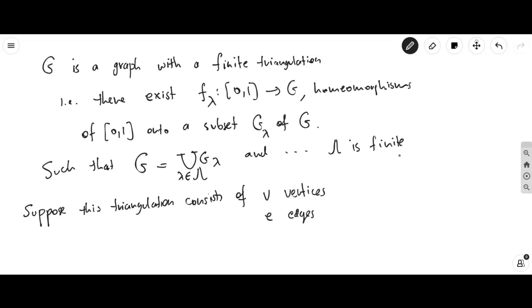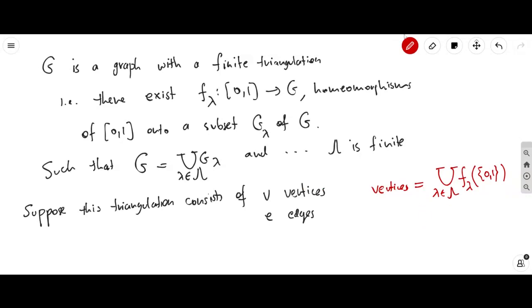Let's quickly remind what the vertices are. The vertices are the union: you're going to take each of these homeomorphisms and evaluate them at the endpoints. That's why I'm writing the set {0, 1}, because you're just evaluating them at those 2 points. They give you 2 points in G, and then you take the union over all of these maps.